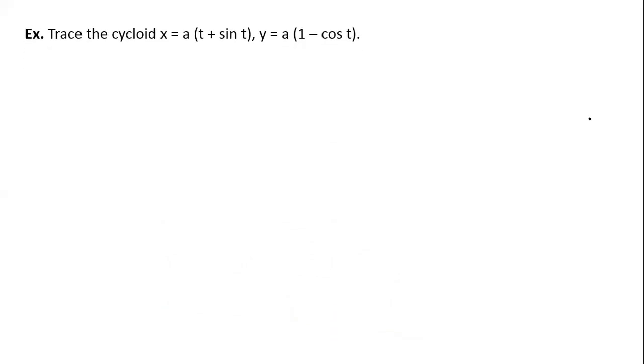So the next problem is: trace the cycloid x equal to a times (t plus sin t) and y equal to a times (1 minus cos t). See, practice makes a man perfect. Whenever you solve repetitive problems, the time needed to solve every next problem will be less and less.